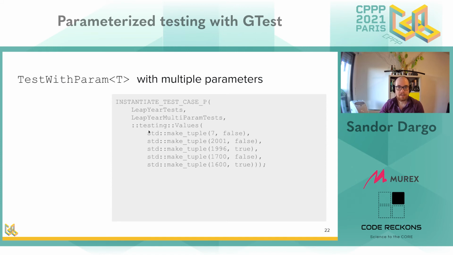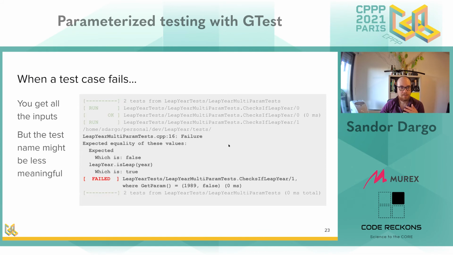You have to declare your tuples in testing::Values. So what goes on here is that we can pass in many different things. We can pass in really whatever you want. But the more parameters you pass in, the less descriptive your test becomes, and the less descriptive your error messages will become.